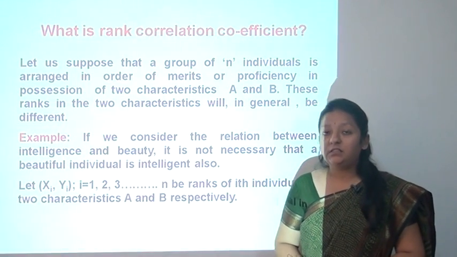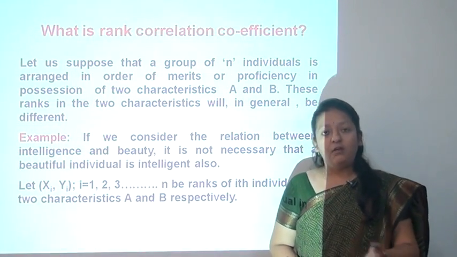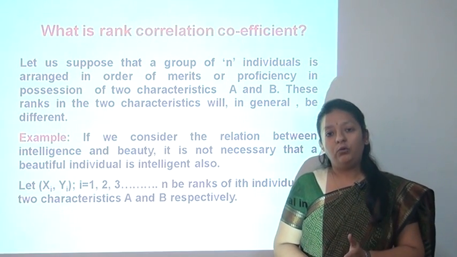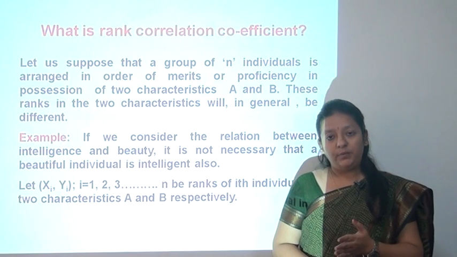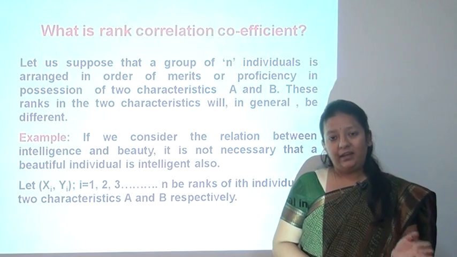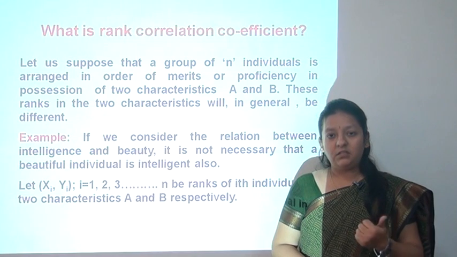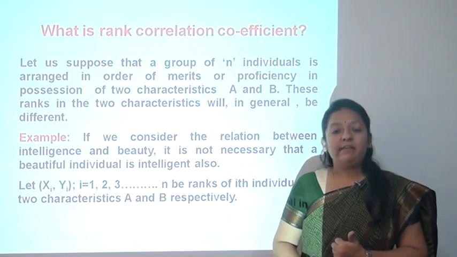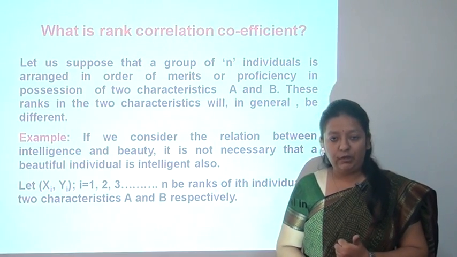Now next is rank correlation coefficient. We have discussed Karl Pearson's coefficient of correlation, how to calculate it, and that its value for two variables lies between -1 and +1. Now the next method is the rank correlation coefficient.